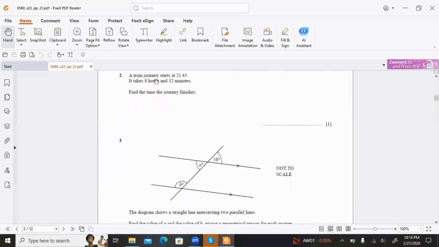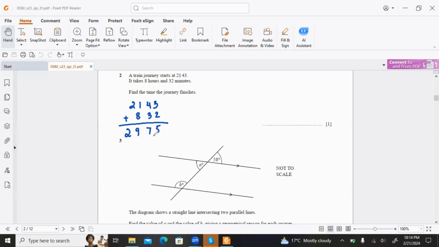Question 2 is saying a train journey starts at 21:43. It takes 8 hours and 32 minutes. Find the time the journey finishes. So we're going to add 8 hours and 32 minutes to 21:43. 3 plus 2, 5, 4 plus 3, 7, 1 plus 8, 9, and 2 comes down as it is.